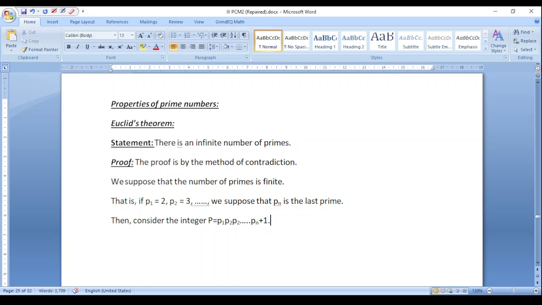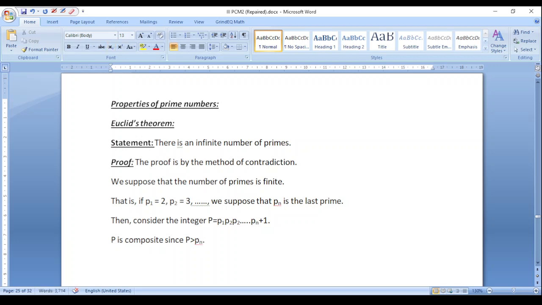So as you can see, if you take P to be the integer defined as this, which is basically the product of all the primes plus 1, then obviously since Pn is the last prime and this capital P is bigger than Pn, we see that P is composite, right? So P has to be composite because it is greater than Pn. P is greater than Pn, correct?